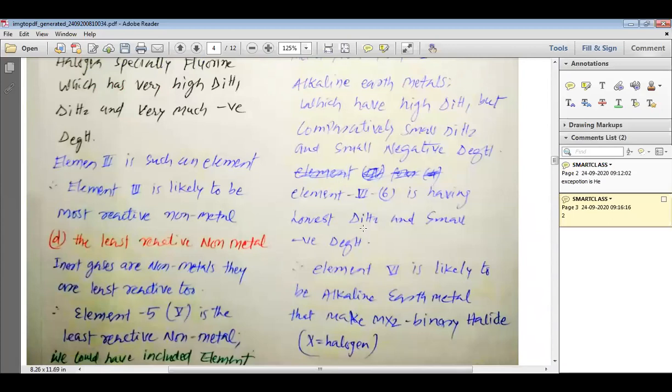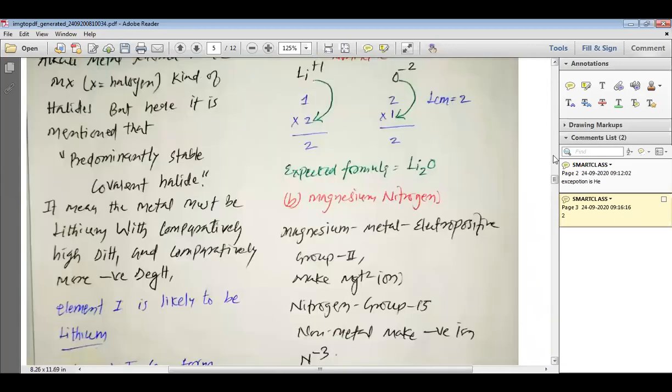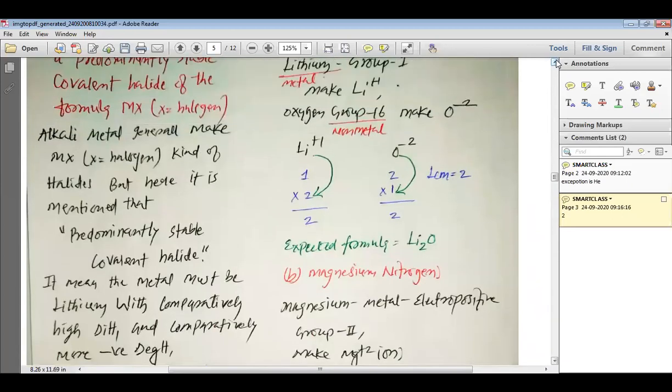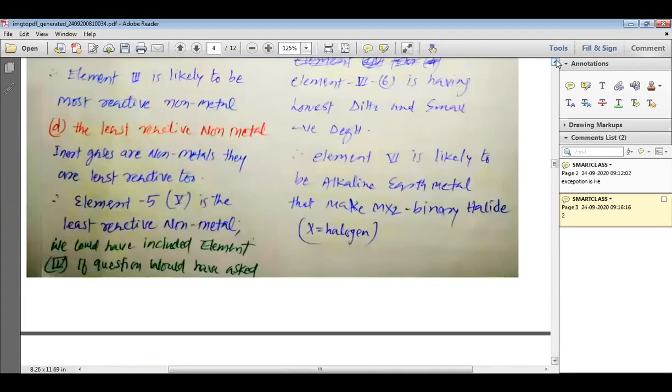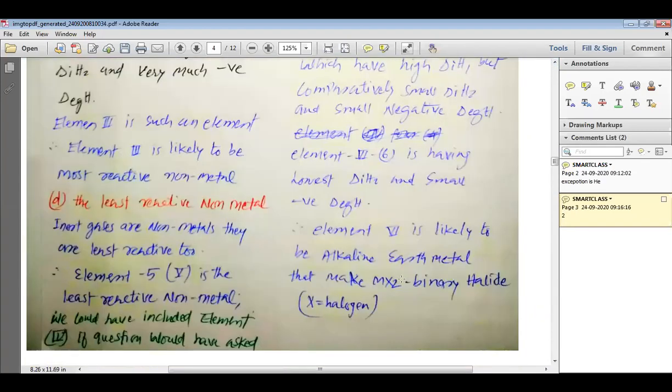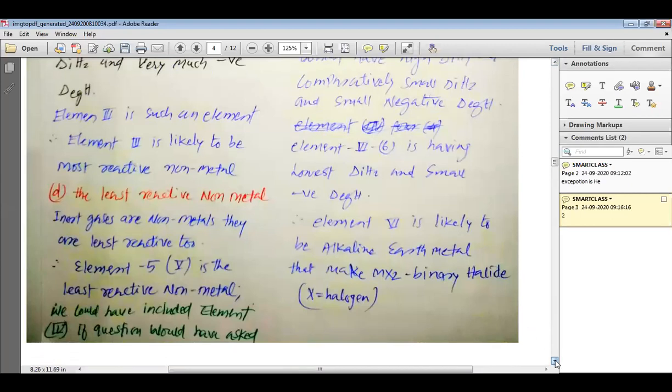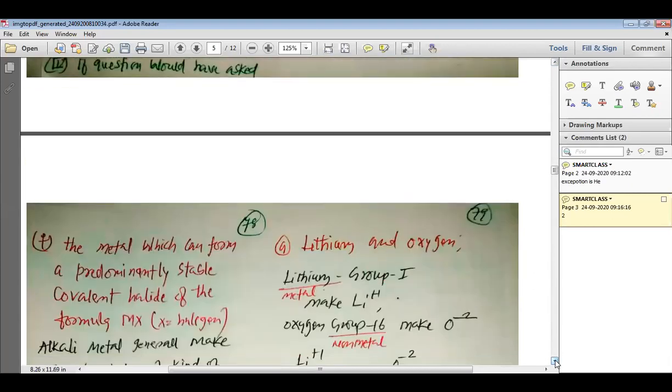Element 6 has the lowest second ionization enthalpy and small negative electron gain enthalpy, so element number 6 is the answer. Element 6 is likely the alkaline earth metal, and they make MX2 kind of binary halide, where X is a halogen.